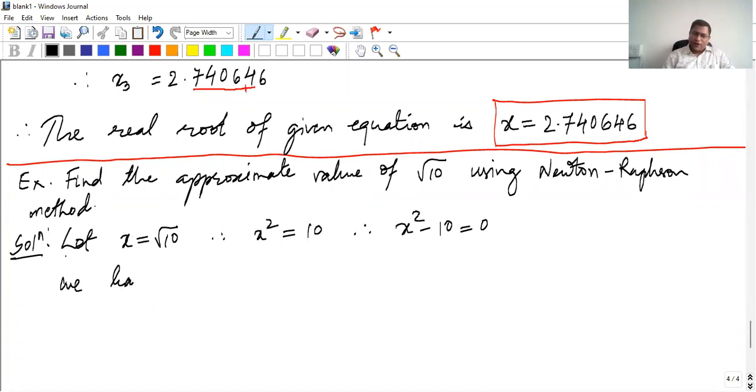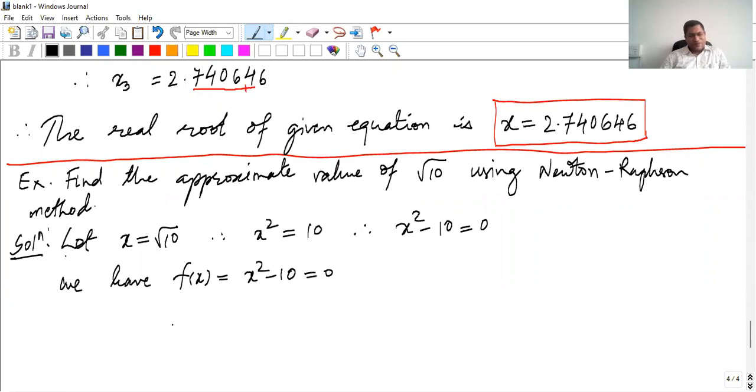So we have f of x equal to x square minus 10, and that is going to be 0. Now, root of 10, can you guess where it will lie without finding the values?